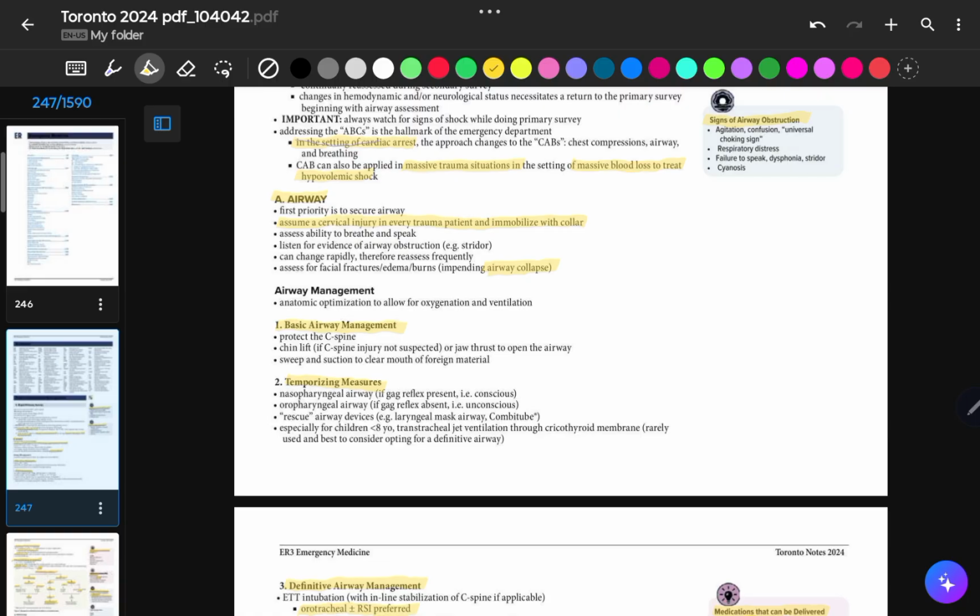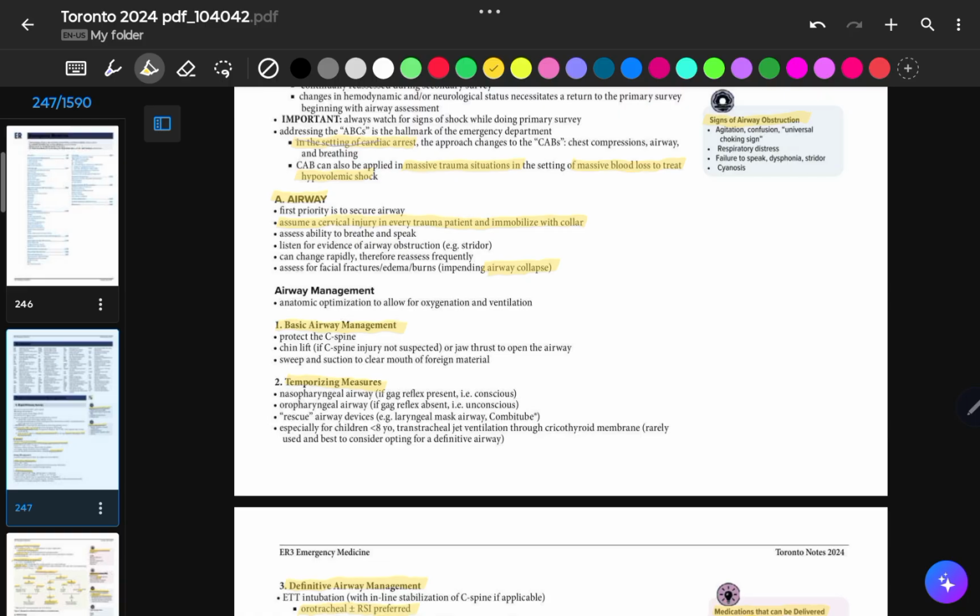You want to listen to any airway obstruction like a stridor, any wheezes, and you can actually change rapidly. So you have to reassess continuously for the stridor, for any airway obstructions, and then assess if there are any facial fractures, edema, burns, because this can collapse the airway very quickly. So you need to try and secure the airway as fast as possible.